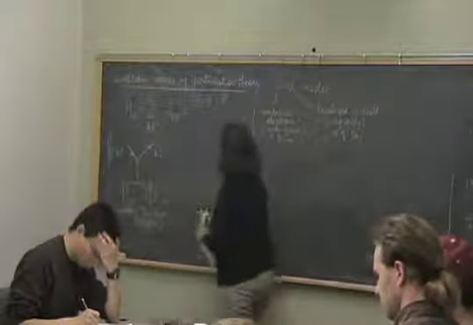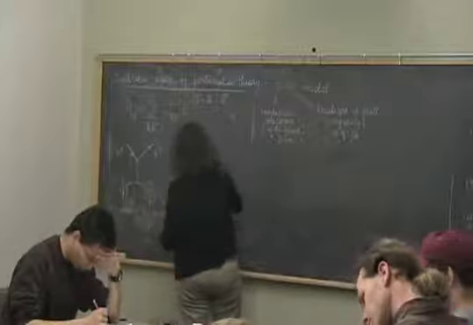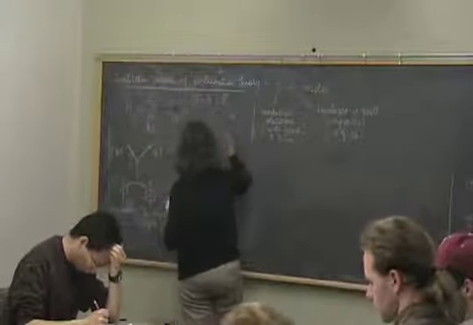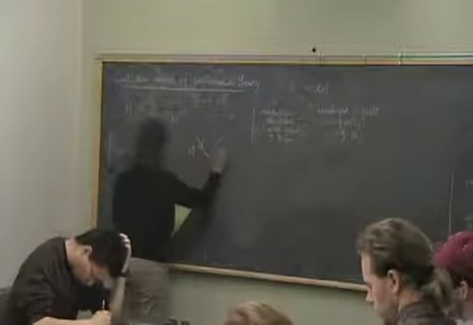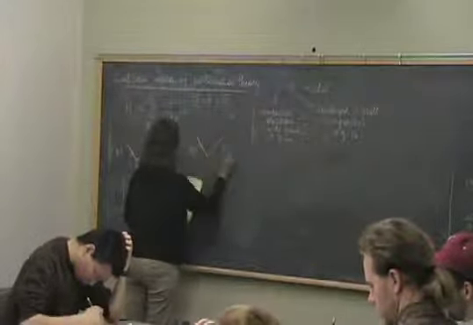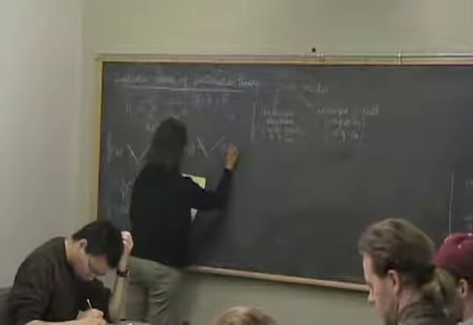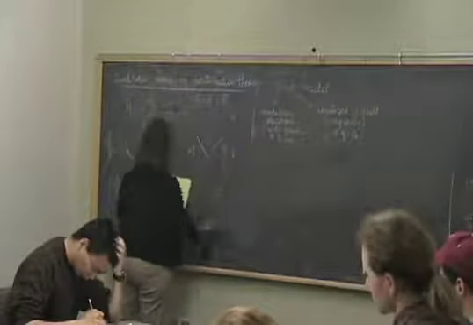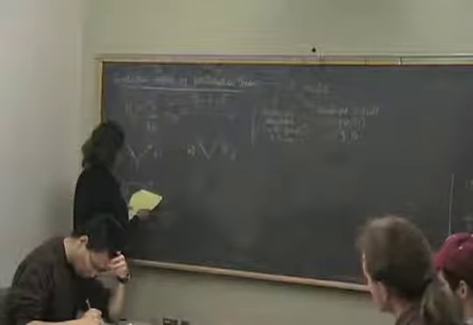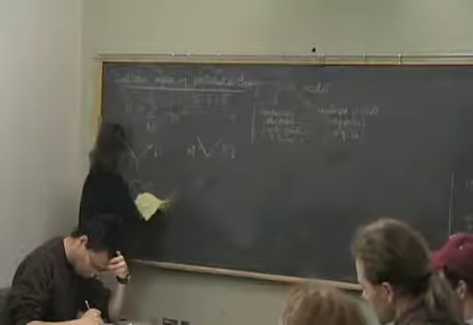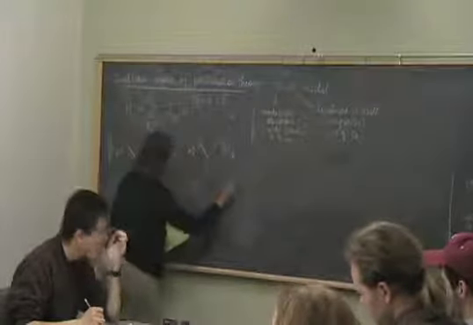Okay, but the more interesting ones are processes of this kind, where you have k up, let's say, going to k prime down, and a down spin goes into up.